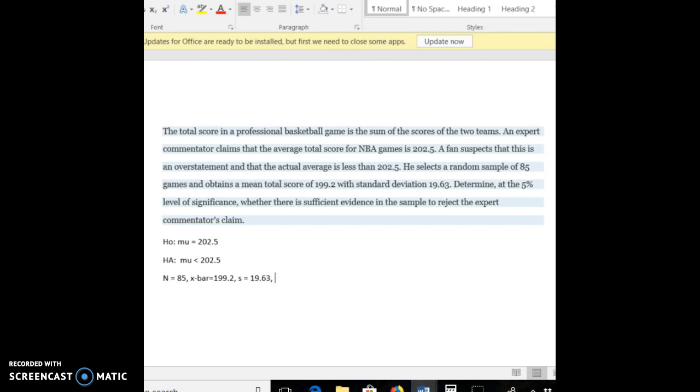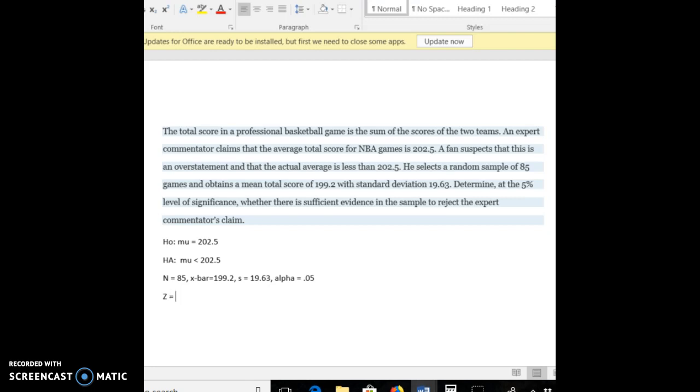And we want a significance level of 5%, so alpha is equal to 0.05. Okay, now, since we have a size of 85 for our sample, we can use z as our test statistic.